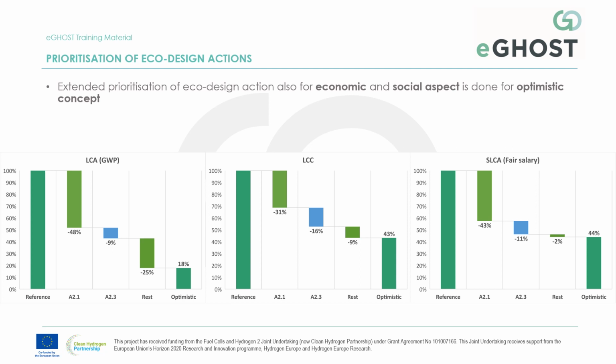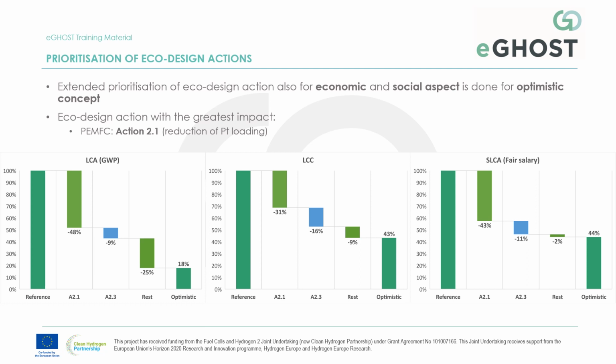For the optimistic concept, as you can see, for the climate change, ecodesign action 2.1 contributes the most. Then also for the life cycle costing we have the highest reductions here, and the same for the social life cycle, here just the fair salary indicator.